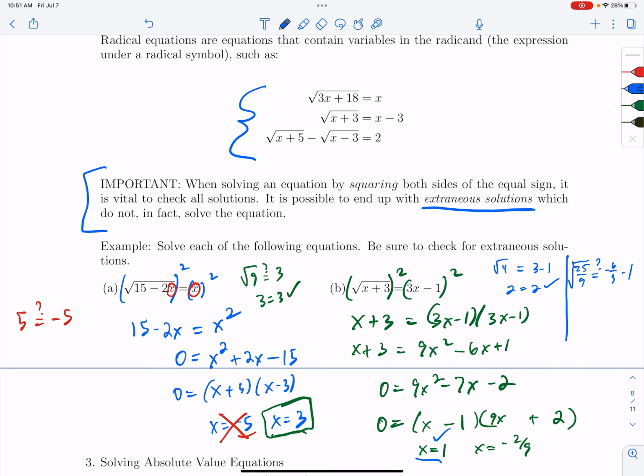Well, I don't even need to go any further because on the right-hand side of this equation, I'm going to get a negative. On the left-hand side, I get a positive, so that's not going to work. But this is 5/3. And on the right-hand side, I get negative 15/9, which is negative 5/3. So that is not equal. So my one and only solution is x is equal to 1 here.